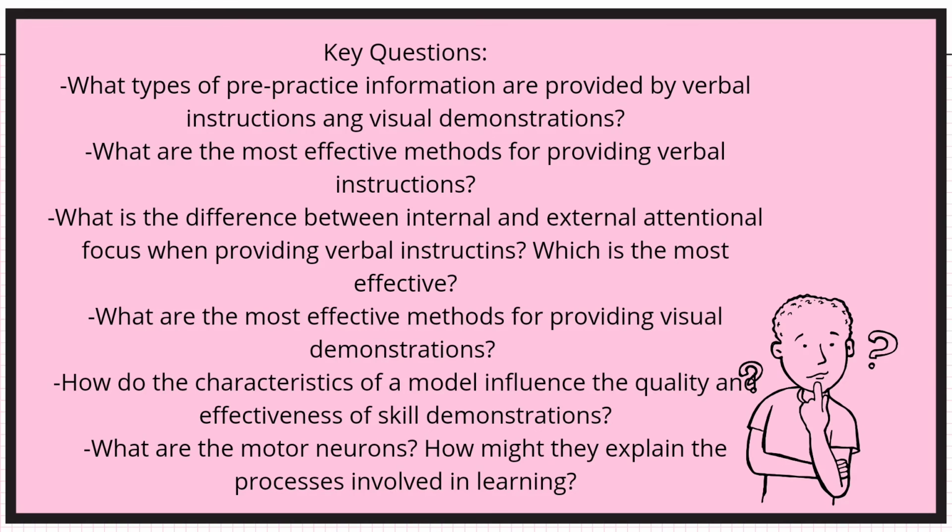What are the most effective methods for providing visual demonstrations? How do the characteristics of a model influence the quality and effectiveness of skill demonstrations? What are mirror neurons? How might they explain the processes involved in learning?